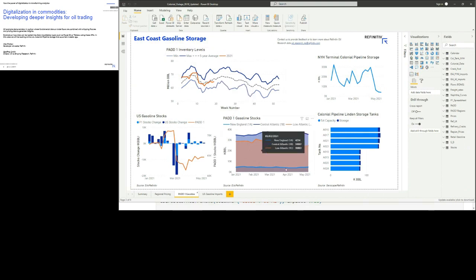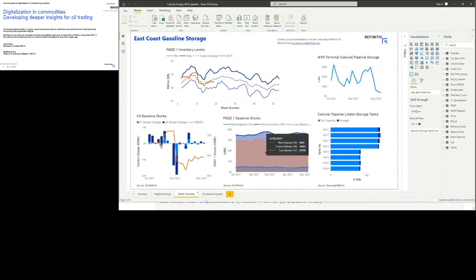But I think the data point that's really important here is the stock levels in the Lower Atlantic, PAD 1C region, and this is where a lot of people were panic buying gasoline, filling up their tanks. In some ways, because so many people were doing it, people were running out of gasoline, trying to find petrol stations that they didn't have to queue for, and a lot of petrol stations ran out of fuel.